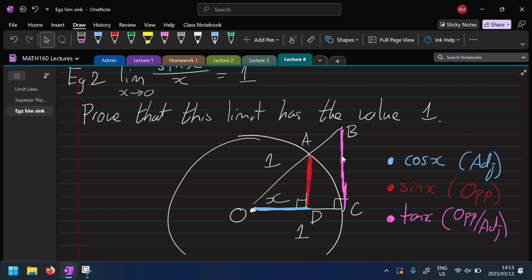So we're interested in the adjacent and the opposite, because we know what this is already. So the adjacent is this full length, which is 1. This OC is 1. We want the opposite. We've got the adjacent. We want the opposite. What trig ratio is that? Tan. So it's tan.